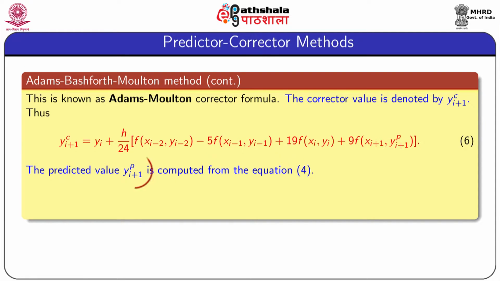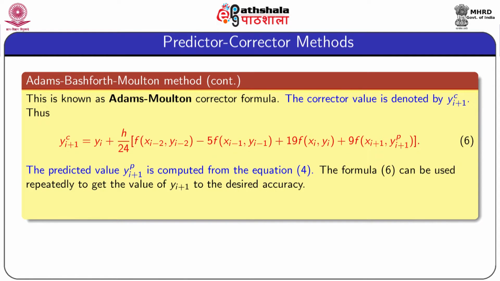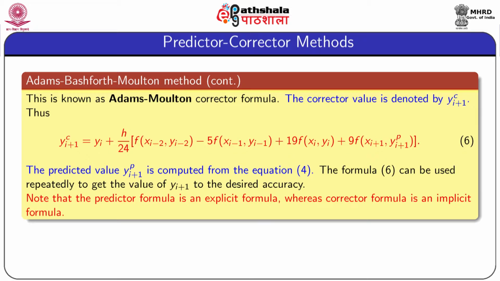The value of y_{i+1}^p is computed from equation 4, and equation 6 can be used repeatedly to get the value of y_{i+1} to the desired accuracy. This is a very important issue of the predictor corrector formula.